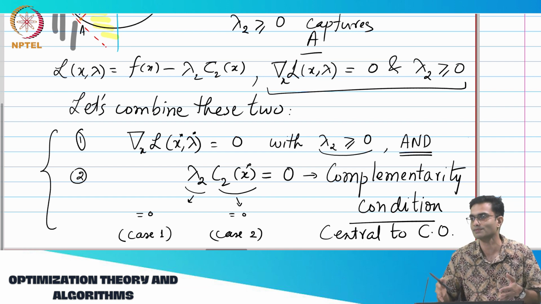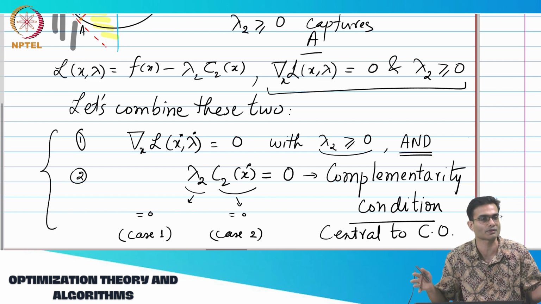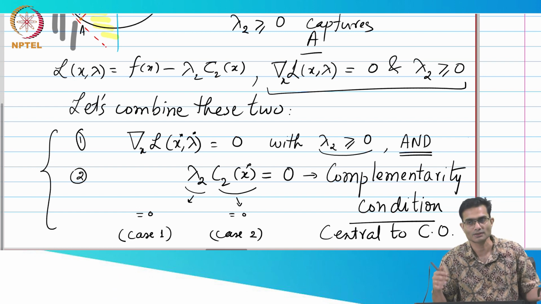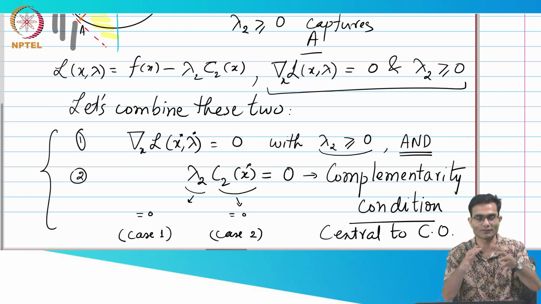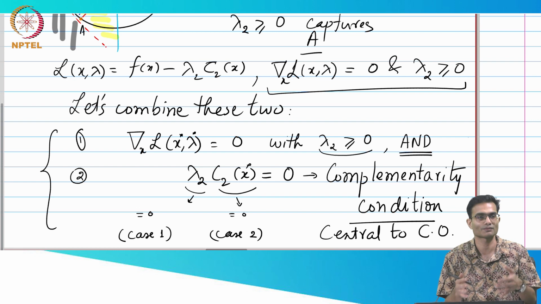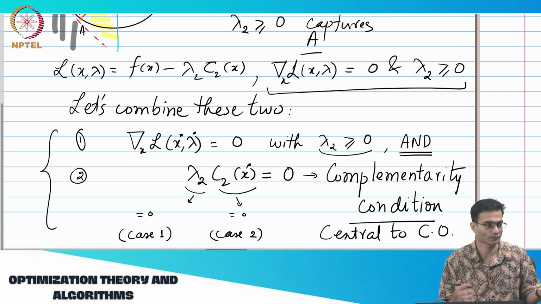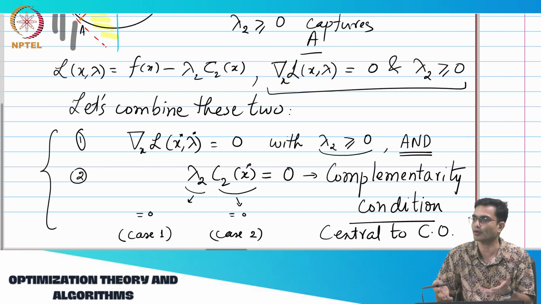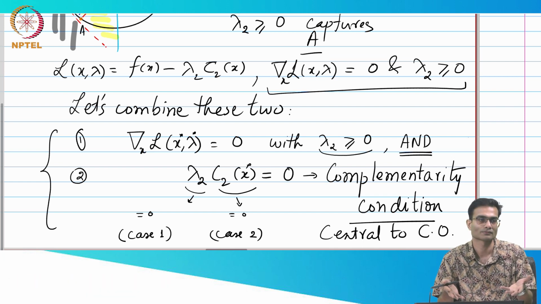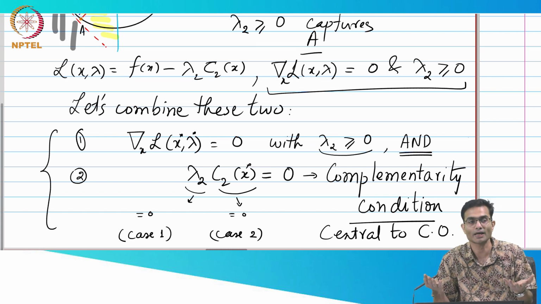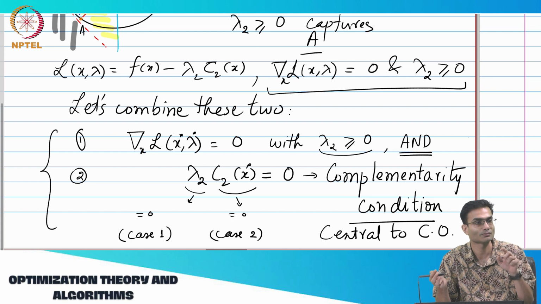So later on as we go, we will talk about a general situation where I have equalities and inequalities. Together we'll formulate one big hefty theorem which tells us what are the first order necessary conditions for constraint optimization. But all the nuts and bolts are here itself. As you can guess, in the case of equality constraint, did I have a condition that the Lagrange multiplier should be greater than or equal to 0? No. Right?